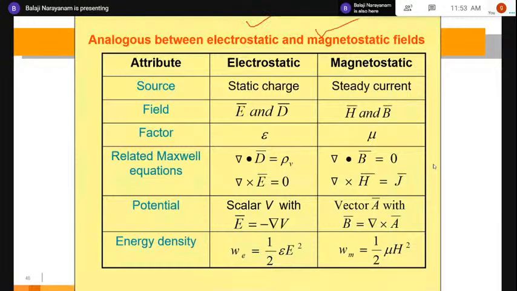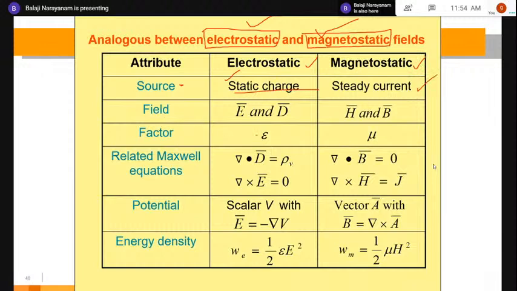Now we make a comparison between the electrostatic and magnetostatic fields. As we already discussed the electrostatic field in the previous session, we may take the analogous quantities between electrostatic and magnetostatic fields. For electrostatics, the source is static charge. For magnetostatics, the source is steady current.